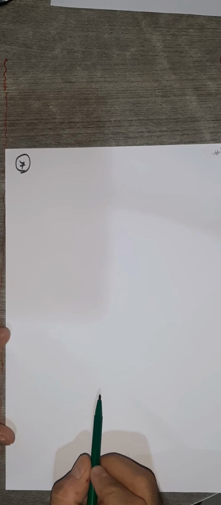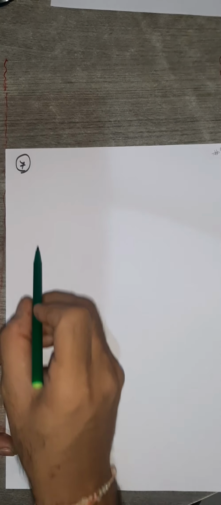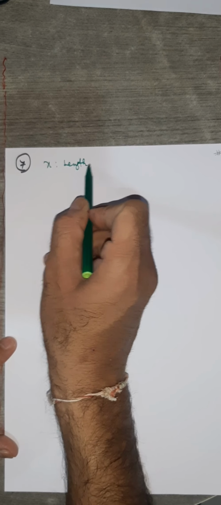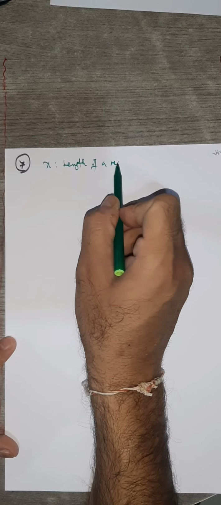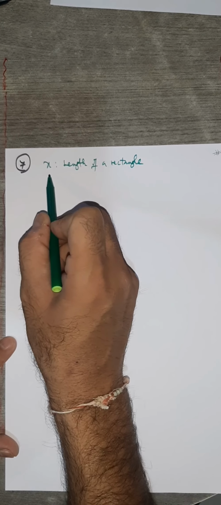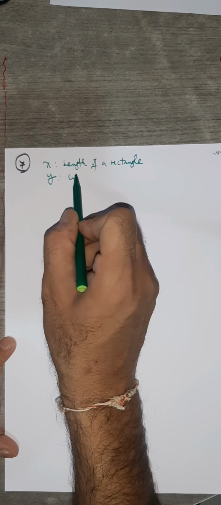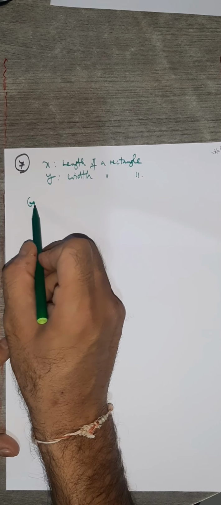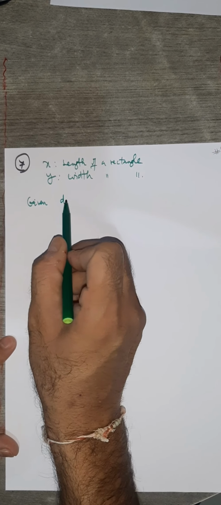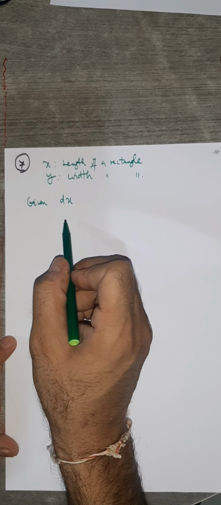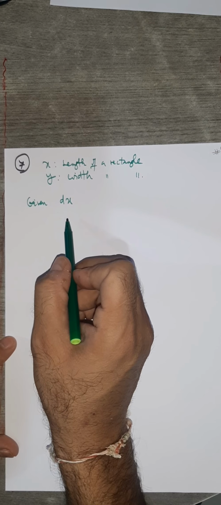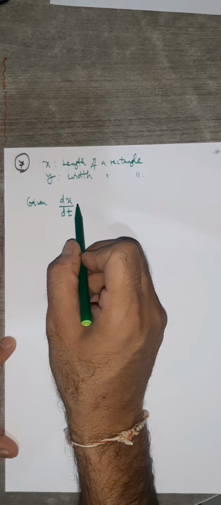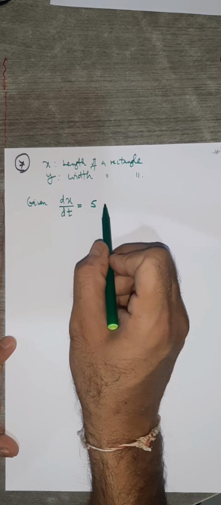I'll go to the 7th. The length x of a rectangle. So here x is the length of the rectangle, and y you are given, that is nothing but the width of the rectangle. Now what is given? The length of the rectangle is decreasing at this much rate, that is change in x with respect to time, dx by dt, equals minus 5.